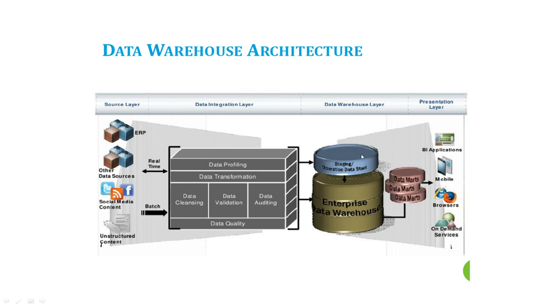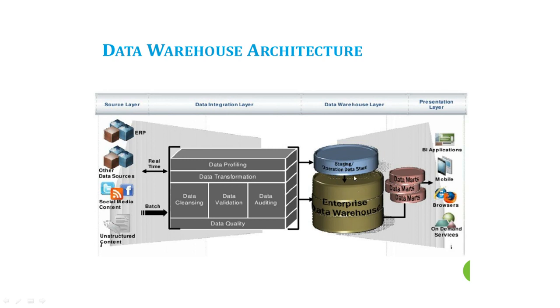Now, in the data warehouse layer, we have staging and the operational data store. The staging area is the truncate and load area, so we do the truncate and load there, and then we go on. We have different types of layers in this, which we see in the next slide.